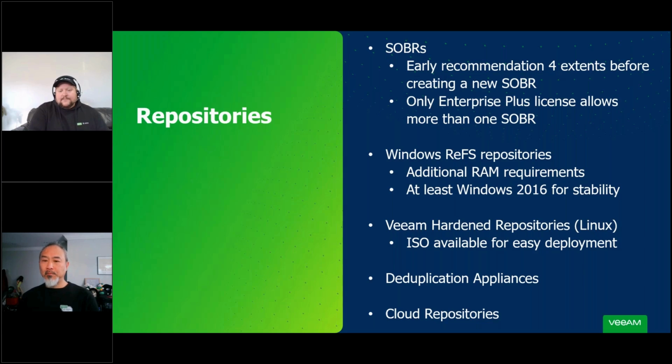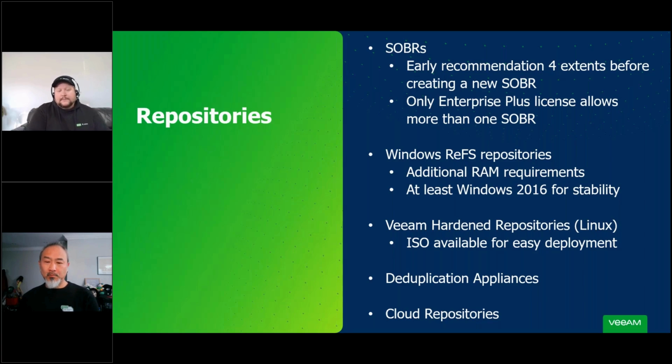And then when you're talking about Linux hardened repositories, these are a great way to get immutability into your environment at relatively low cost. So you can have your Linux server formatted with XFS. You can do all this work yourself. It's not a lot of effort.